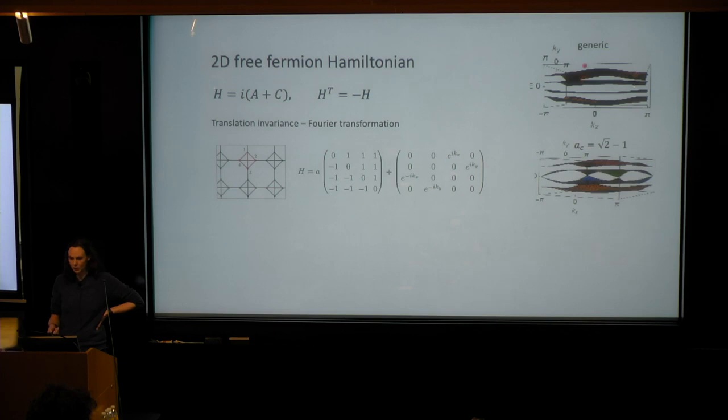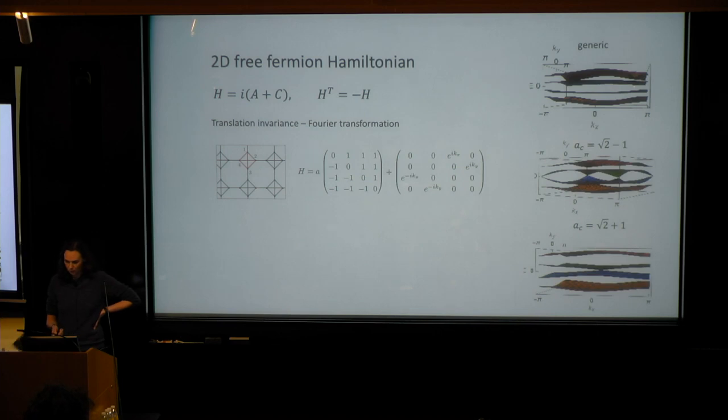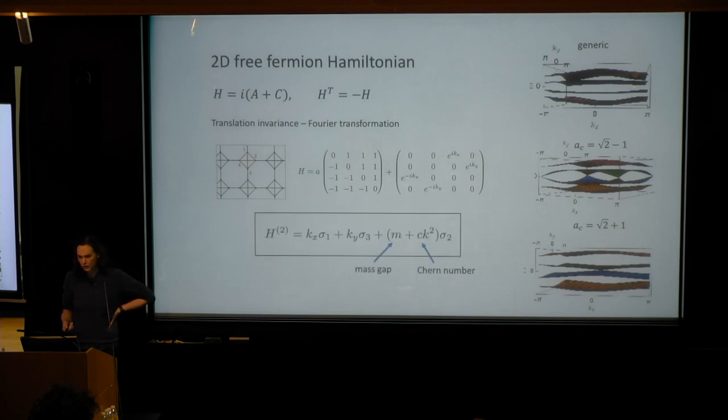So for A being square root 2 minus 1, you find Dirac cones at the edges of the Brillouin zone. And then there's another critical point at A being square root 2 plus 1, where you encounter a Dirac cone in the center of the Brillouin zone. And you can write down a single band approximation for this Hamiltonian around the critical points.